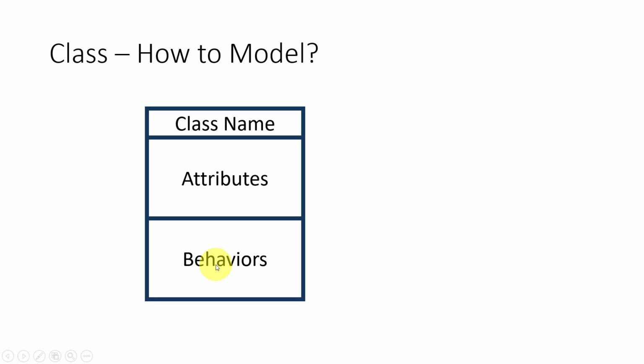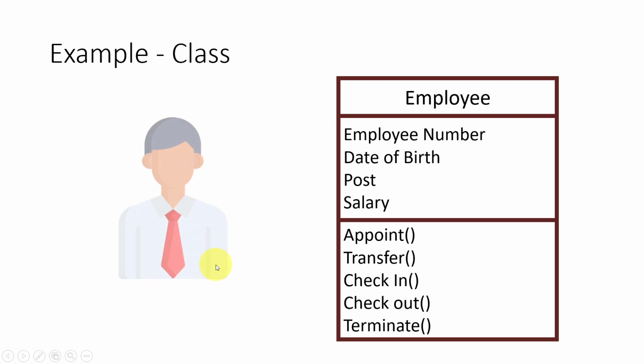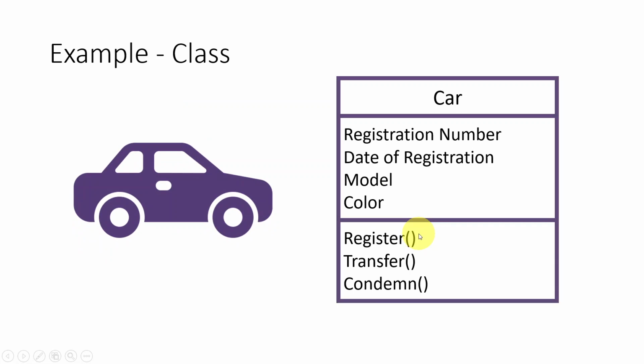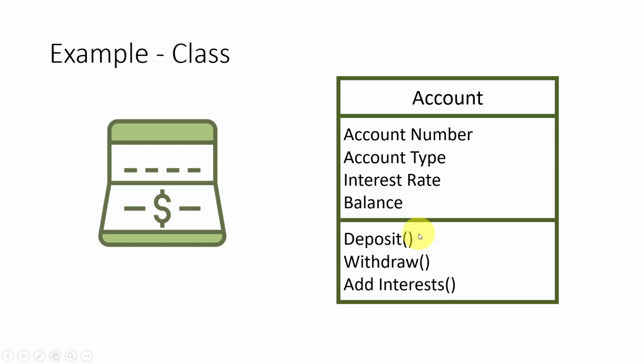So let's try to model some of the classes that we discussed. We can model the employee class with the name employee, the attributes and the behaviors. Usually we use a pair of brackets at the end of behaviors. Similarly, the car class and the account class. The attributes that we identified are in the attribute section and the behaviors that we are interested in are in the behavior section.